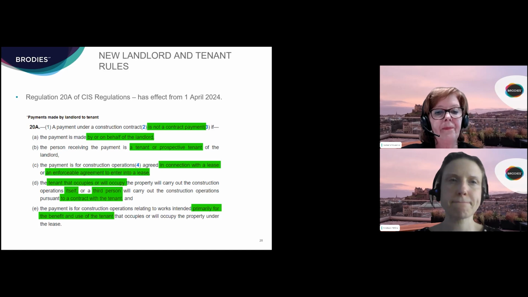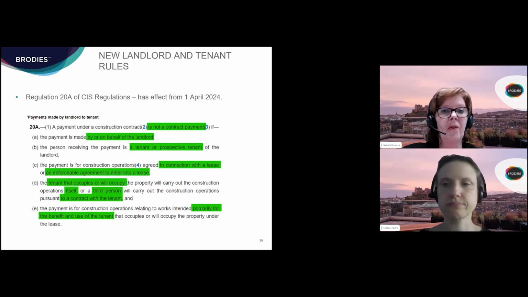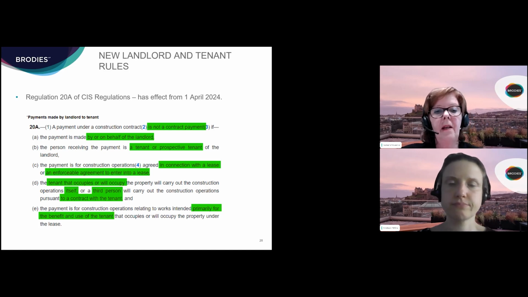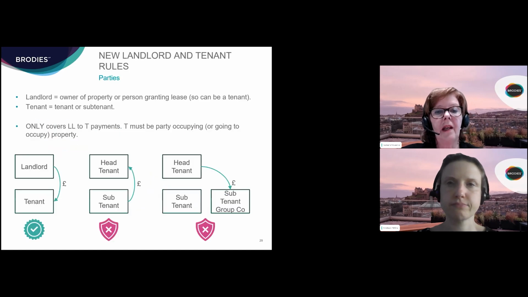And the final one is that the works are primarily for the benefit and use of the tenant. So what does all that mean? If we move on to the next slide, there are various legs to the test here.